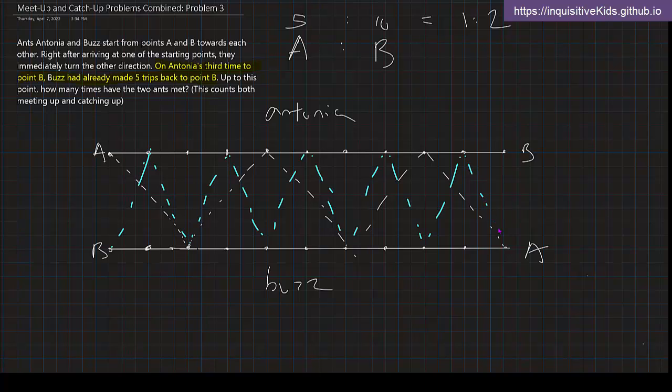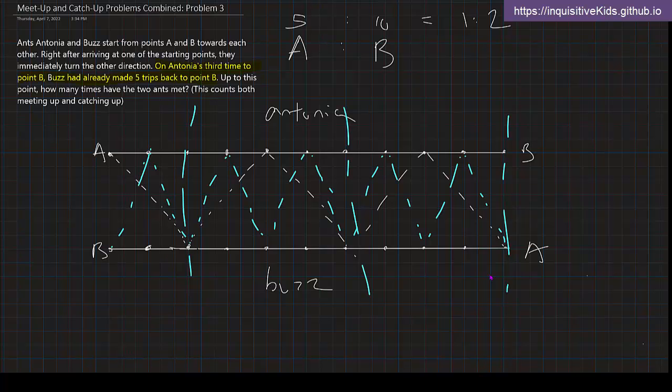We notice that by here, they stop at 1 point. Every single one of these rounds is the same picture. So if I asked you to keep going, I think you can do that. By Antonia's 3rd time to point B, 1, 2, 3, yep, that's what I do.